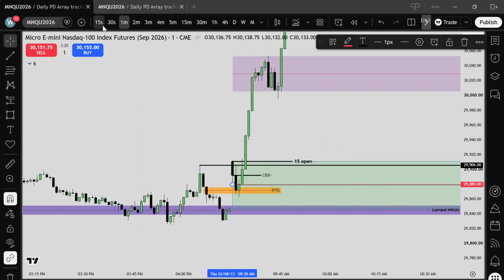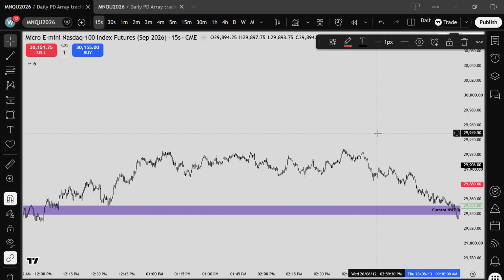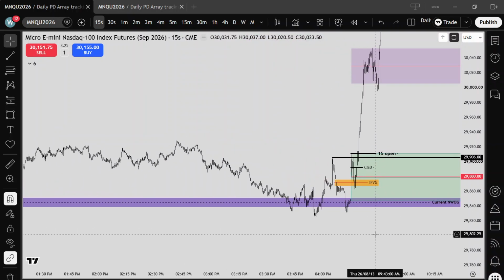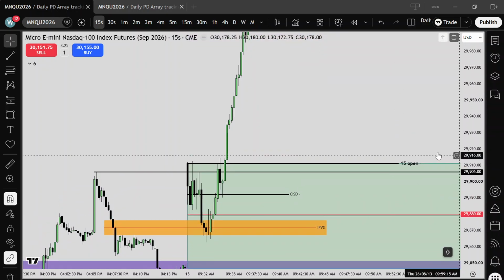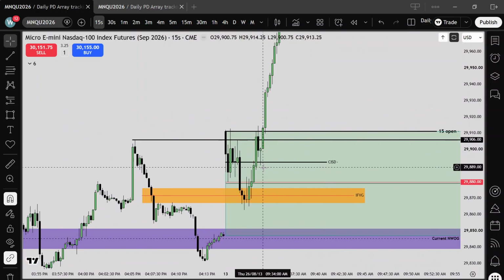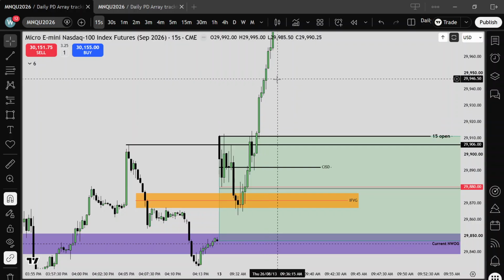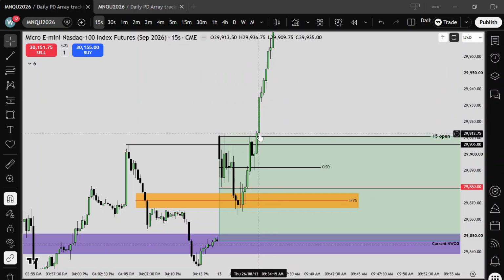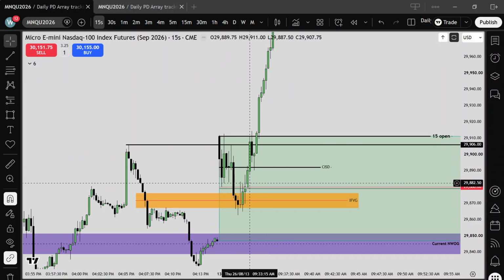So let's do the same thing. Can you see how now you wouldn't necessarily need to wait for it to get above that price on the 1 minute chart?